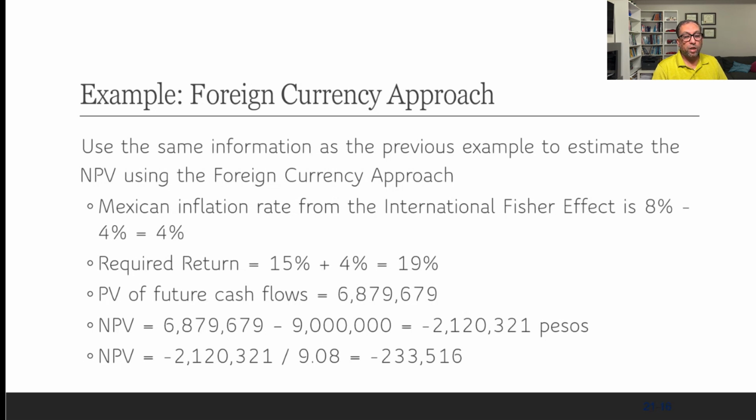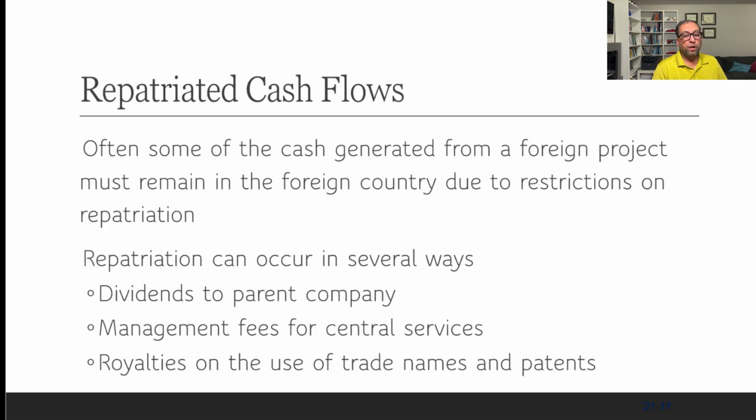When we calculate the NPV, we again get a negative 1 million pesos. By converting it into the home currency, we again get a negative NPV. So in both approaches, we are getting the same result.